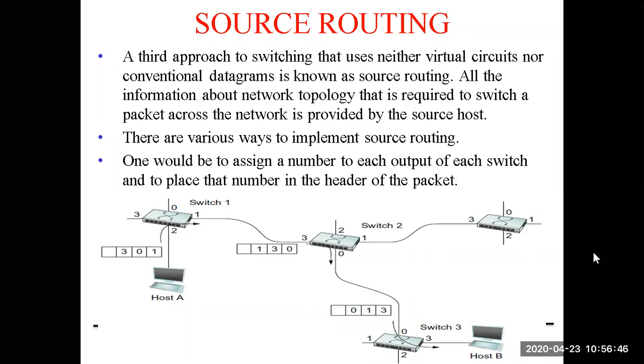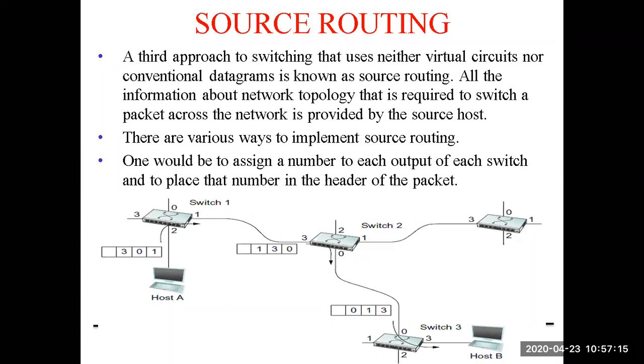Initially, the source host itself will come to know the topology of the entire network, and it will know the participating switches and the port number through which it has to go out at each one. All that information is in the header.